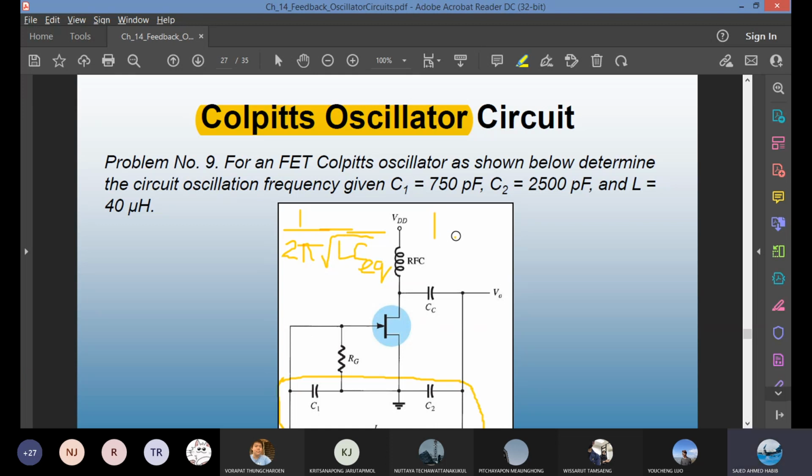Not possible. 1.05 mega. That's what I get. Can you please check your calculation again? See if you can get mega. It's 1.047 or 1.048. I just write 1.05 megahertz.